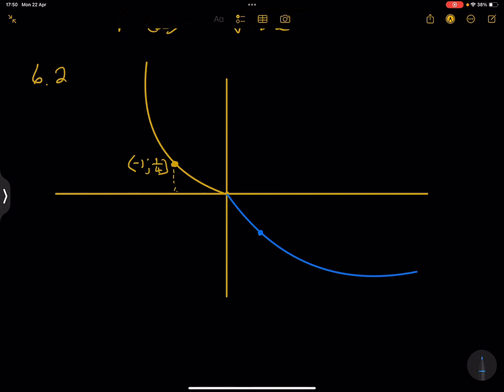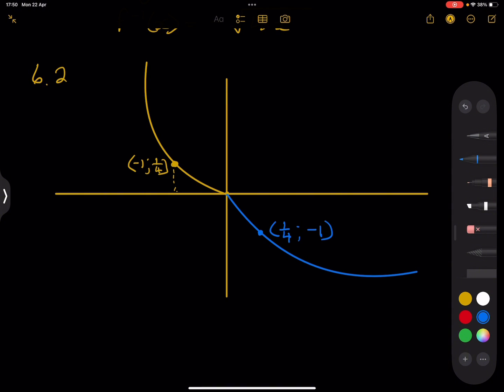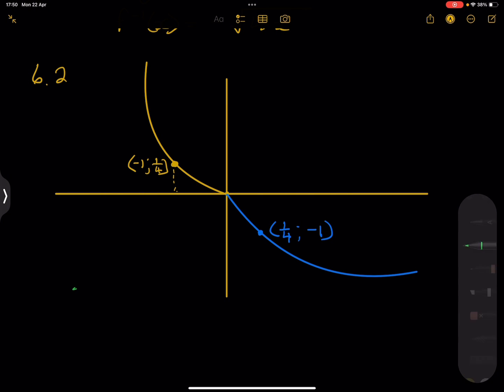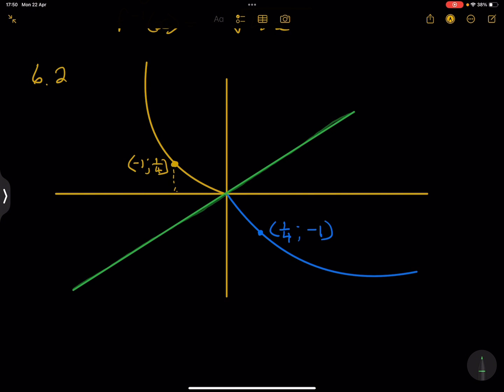All I do is just swap around one of my points. So when x is 1 over 4, y is negative 1. As simple as that, ladies and gents. And remember that it is reflected by that line, y is equal to x. So that should be the reflection of our graph.